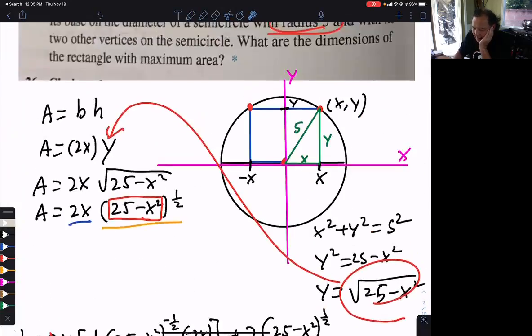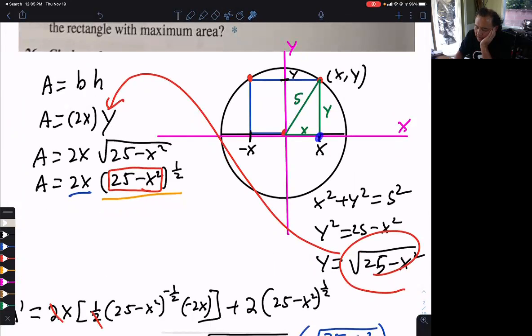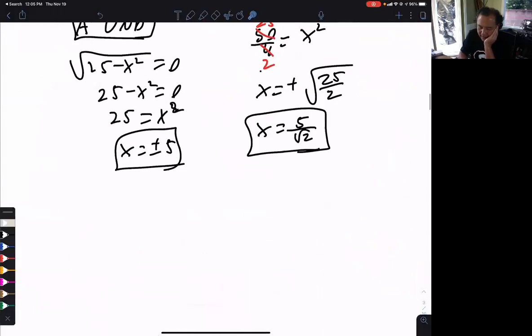What is x? X is this point. But what's the biggest x could be? That's the biggest x could be, which is 5, because the radius is 5. The smallest x could be is 0, so it's between 0 and 5. X could be here, or x could be here. 0 or 5. So the domain of x is 0 to 5.